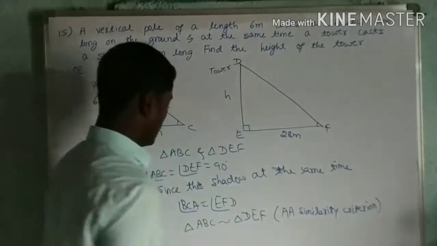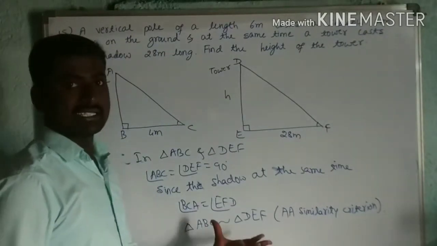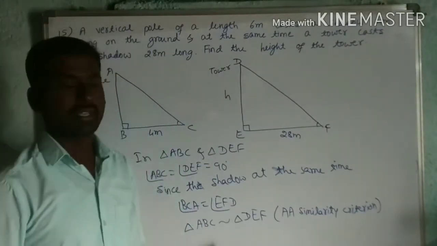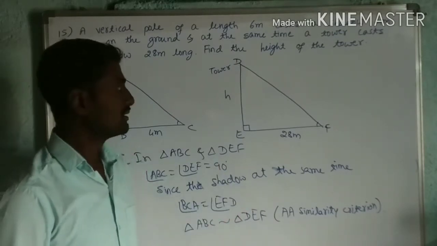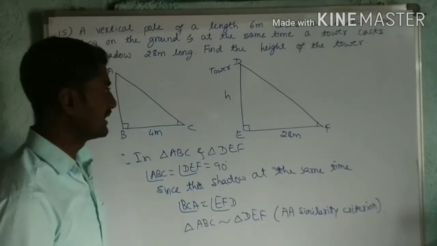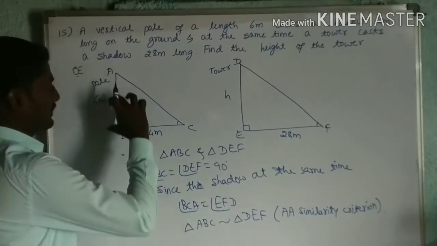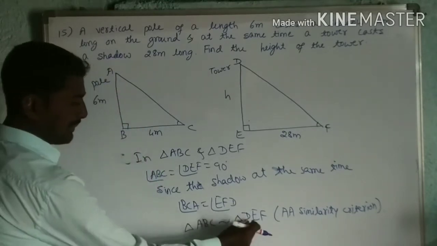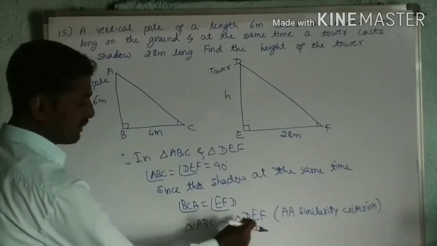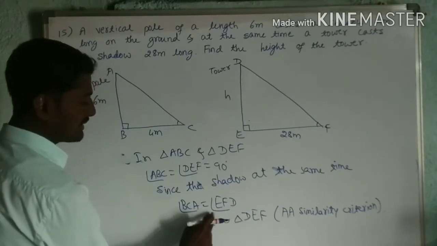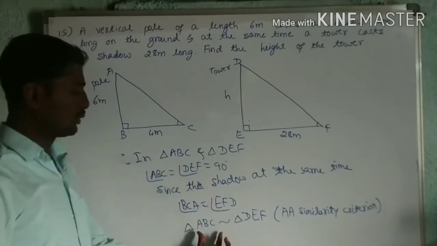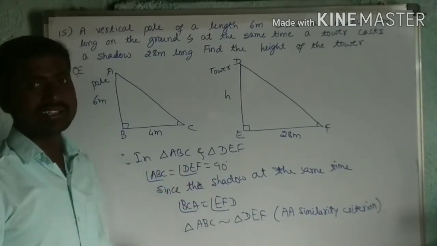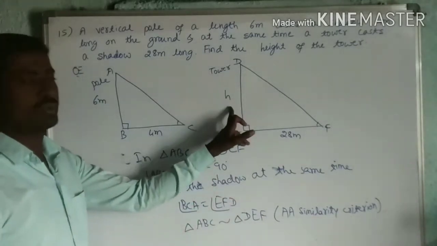Now, if two triangles are similar, then the corresponding sides are in the same ratio. It means AB divided by DE, BC divided by EF, AC divided by DF we can write. I will take only two sides, I don't want to take three sides because I want to find this only.